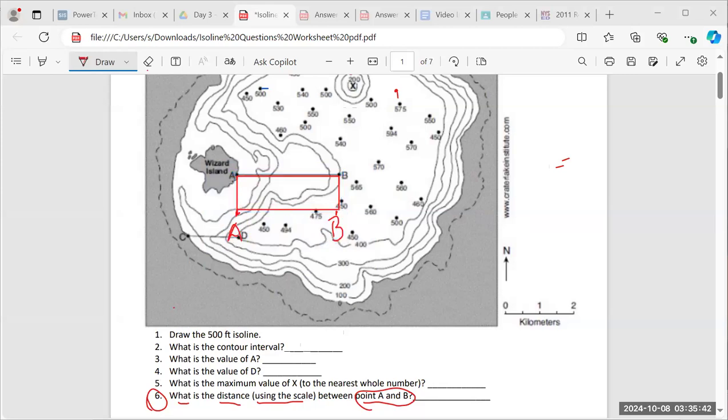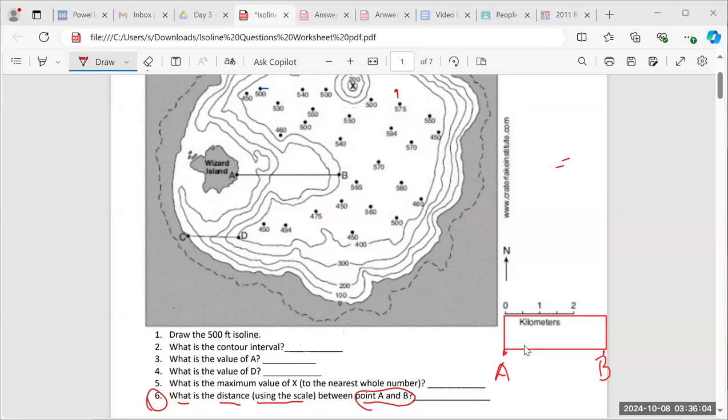Now, after you took your scrap sheet of paper and labeled where A and B is, we're going to look right here for the distance. What is the distance using the scale between point A and B? I'm going to take my scrap sheet of paper, now labeled A and B, and move it to the scale right here.